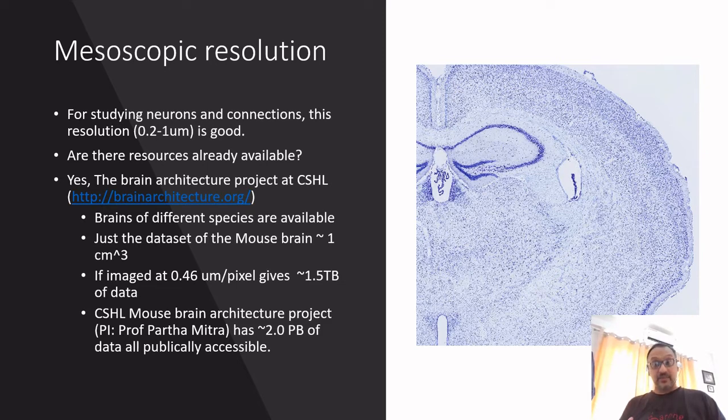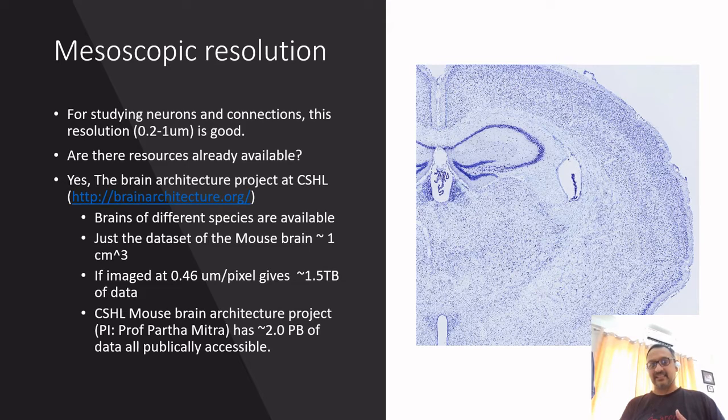Can we do it? Is the next question. Do we have the capacity or the compute power to actually study and digitize this? Absolutely yes. Are there any resources that are already available? Very true. Particularly for the mouse, there are a lot of databases available. One particular one is part of our group, which is Professor Mitra's.